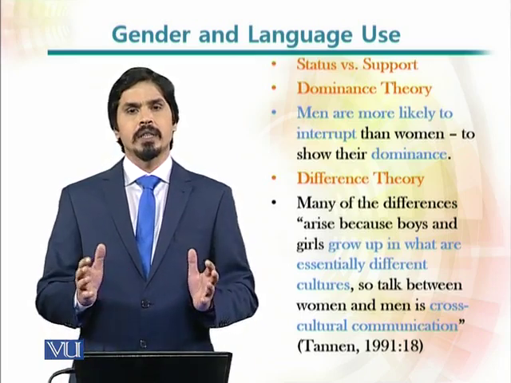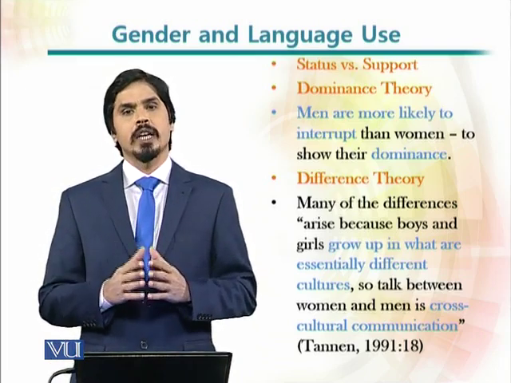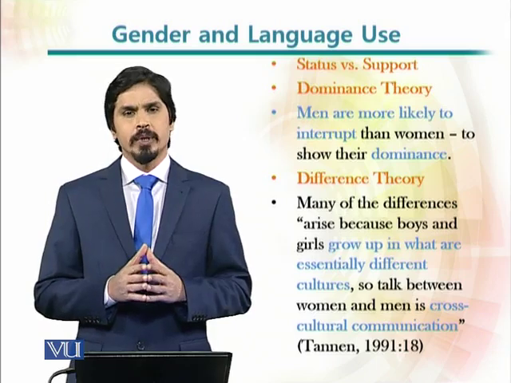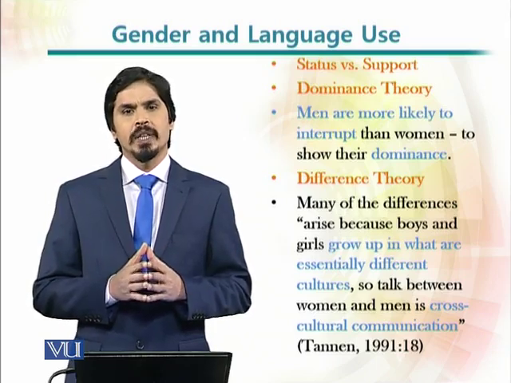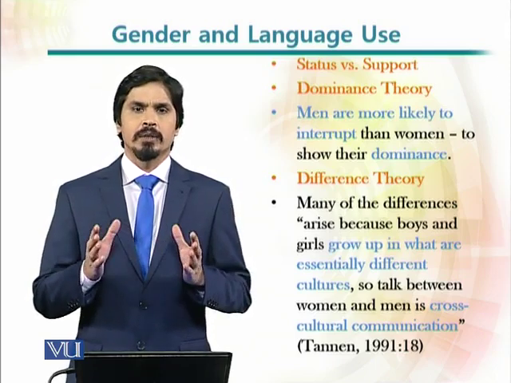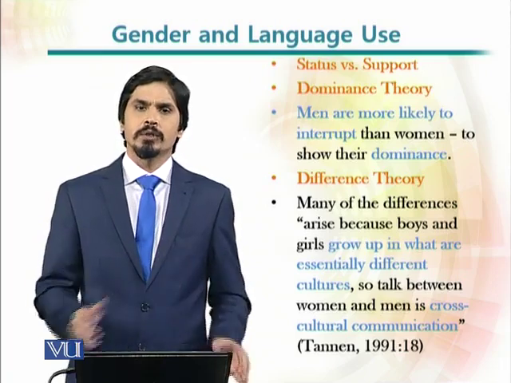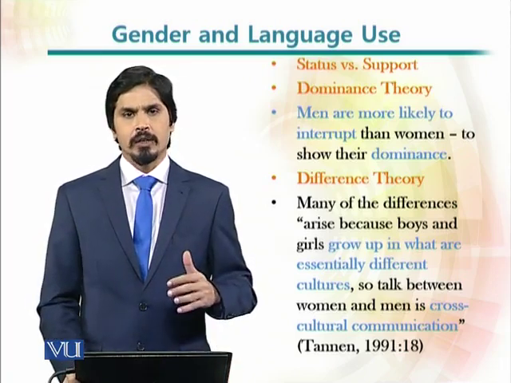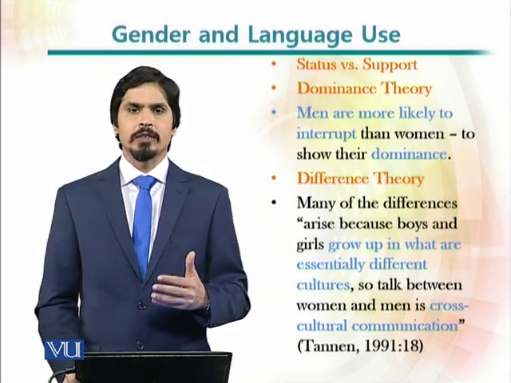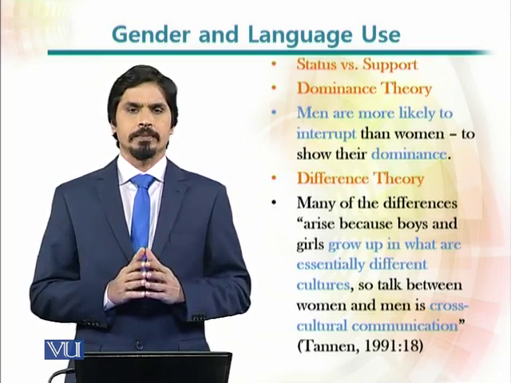However, many people disagree with this theory. For example, Tannen came with the argument that the difference between men and women talk is probably because they grow up in different cultures. If we look even in our own culture, men are given a different exposure, whereas women are given a different social exposure. So the differences in their use of language in the society are probably because of this difference in their cultures.